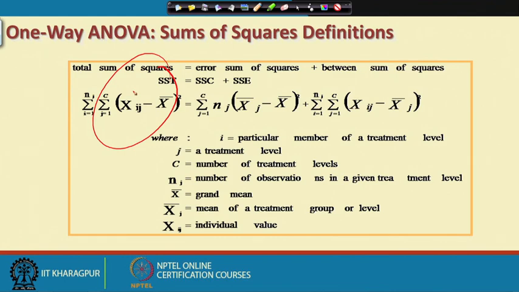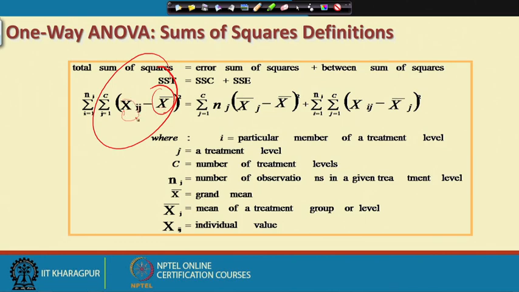For instance, corresponding to the previous problem, we have four samples. So the total sample size will be n1 plus n2 plus n3 plus n4, and then the sum of all the items divided by the total number of sample points will give you the mean. That's called the combined mean.